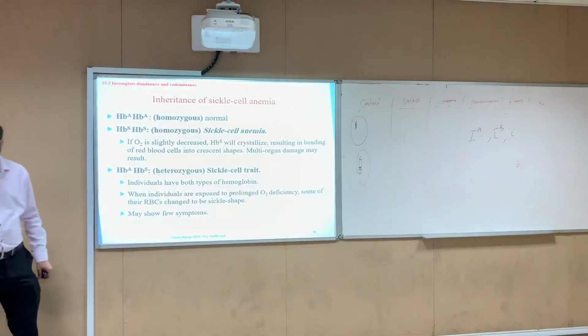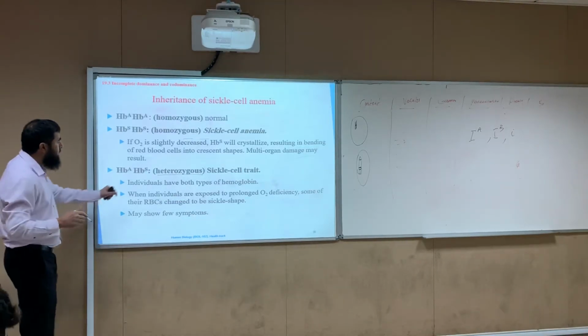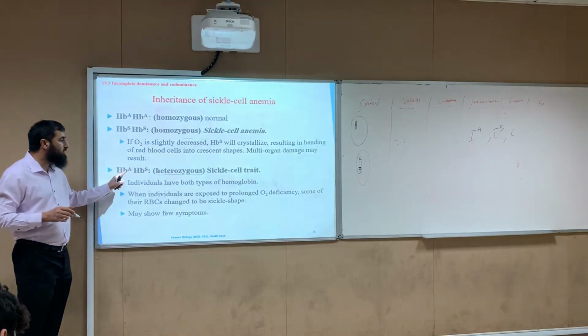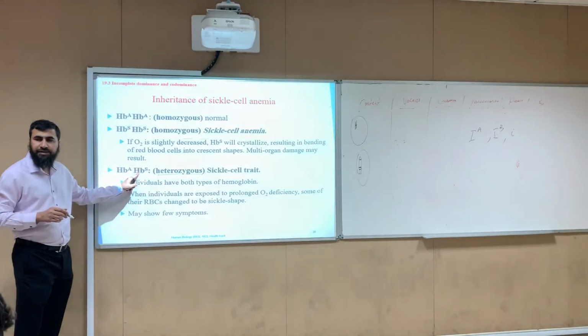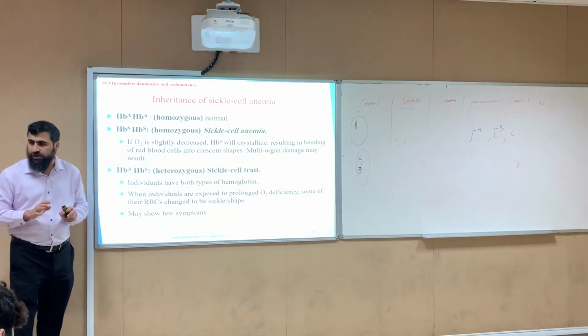This is where we can see the codominance and the incomplete dominance, okay? In terms of codominance, what we see is that both HbA and HbS are roughly expressed at 50-50, okay?